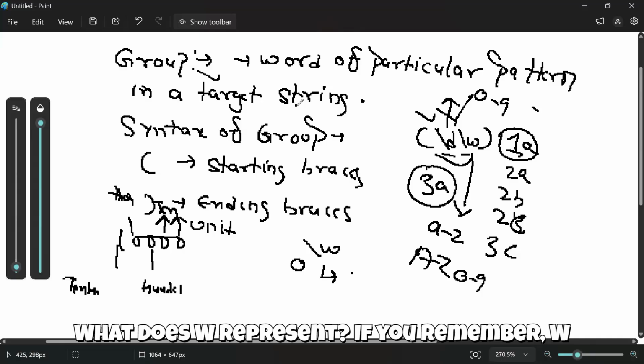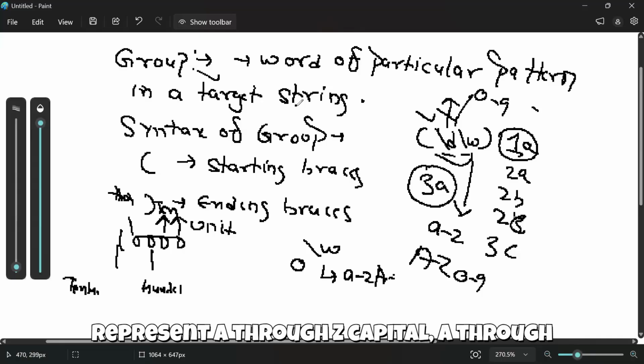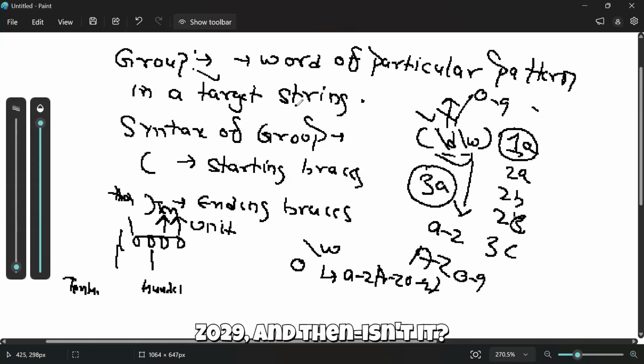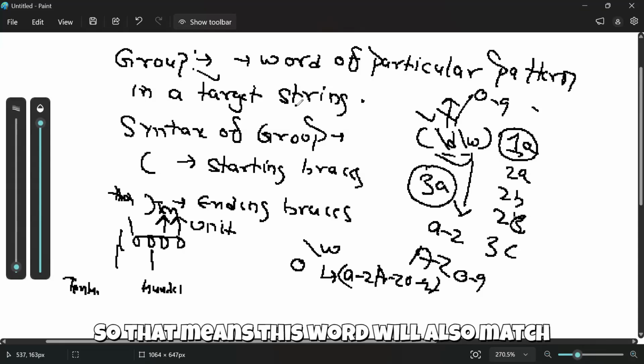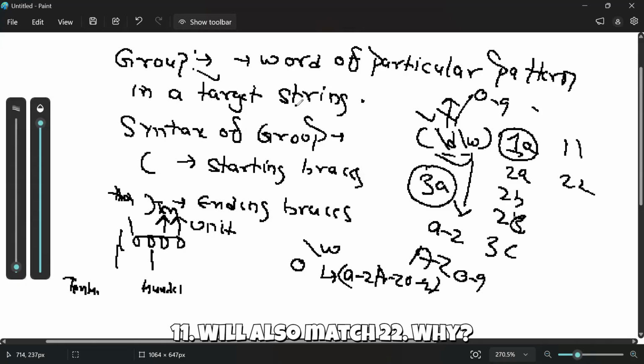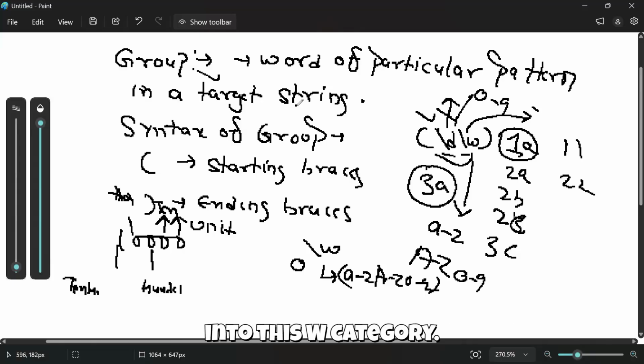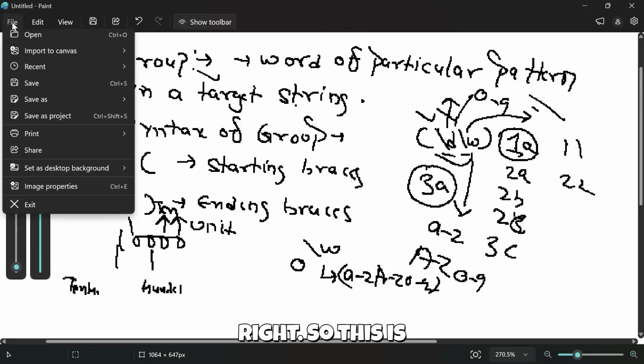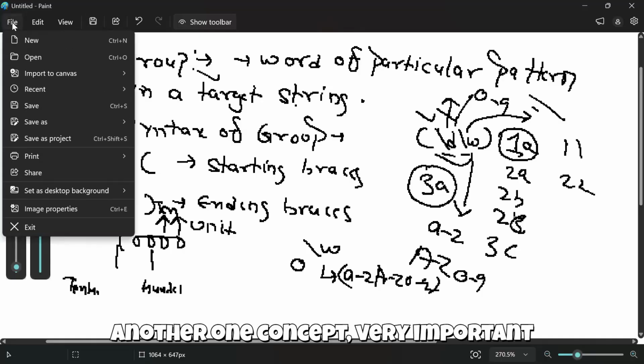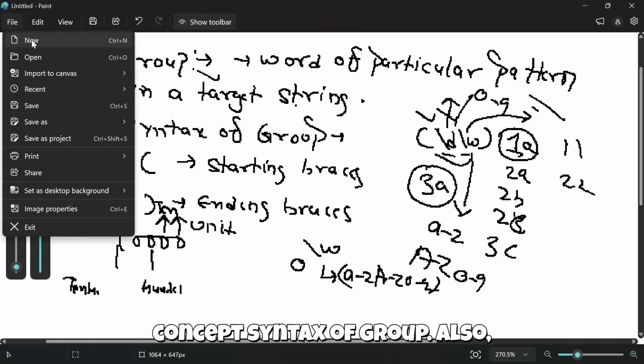If you remember, W represents capital A through Z, 0 to 9, and then hyphen, isn't it? So that means this word will also match 1 1, will also match 2 2. Why? Because this digit range also falls into this W category, right? So this is another very important concept, the syntax of group.